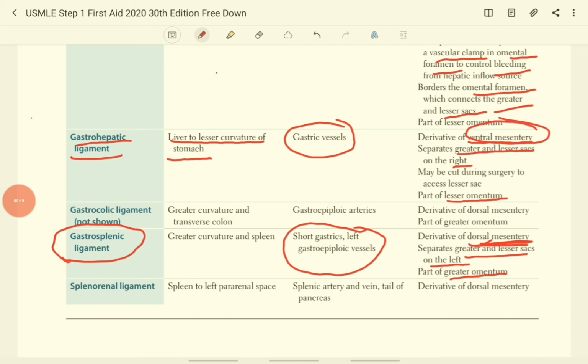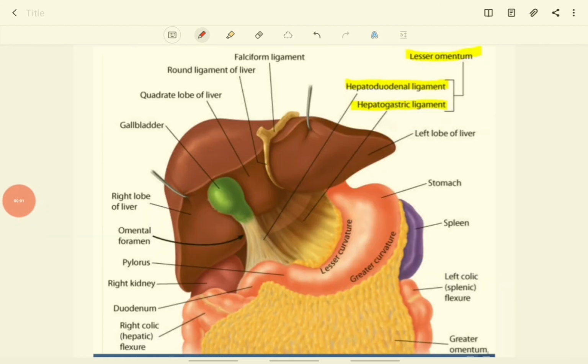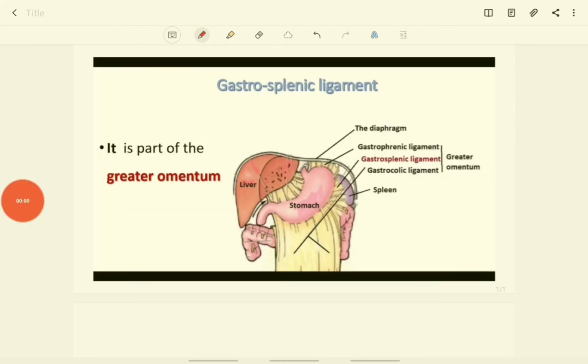The gastrohepatic ligament is cut to access the lesser sac. Here we can see the hepatogastric ligament, and this one is the hepatoduodenal ligament. Together, these are part of the lesser omentum.